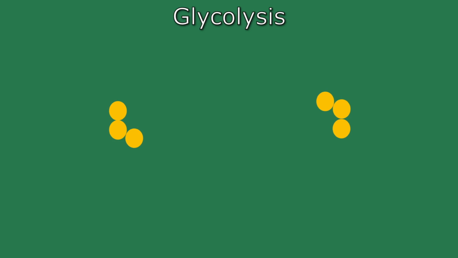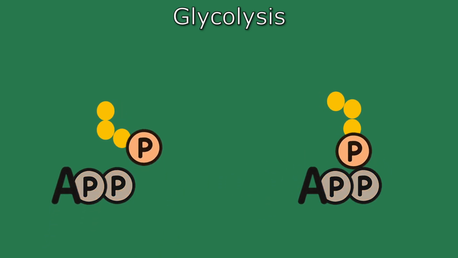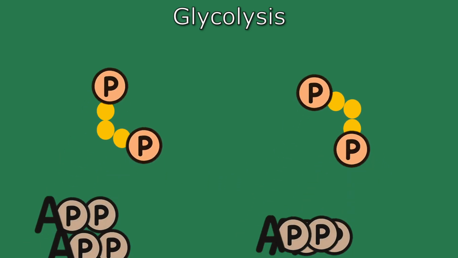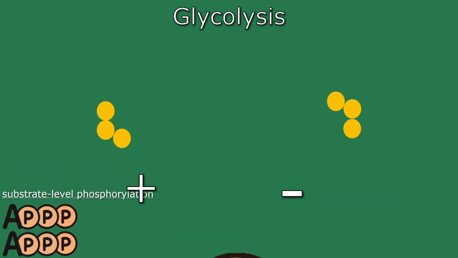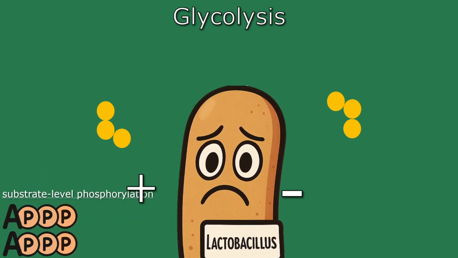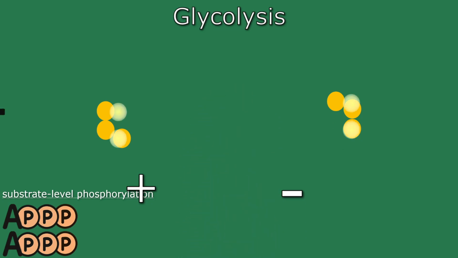Let's start with the lone glucose. 6 carbons, each more beautiful than the last. Glycolysis splits it in half, investing 2 ATP up front and producing 4 ATP by substrate-level phosphorylation. That's 2 per 3-carbon piece, for a net of 2 ATP, the maximum yield for organisms lacking an electron transport chain like lactobacillus.